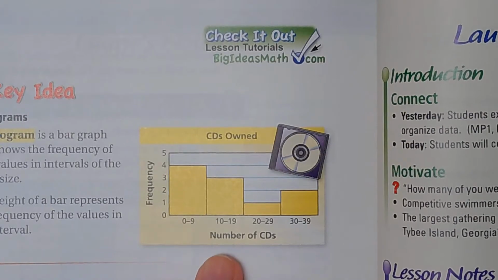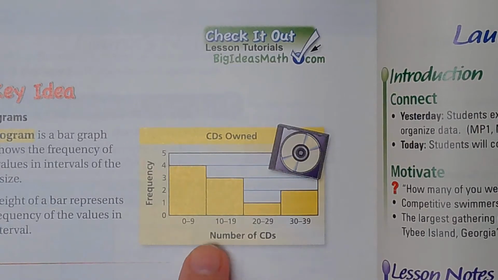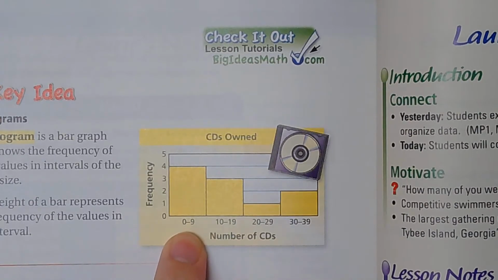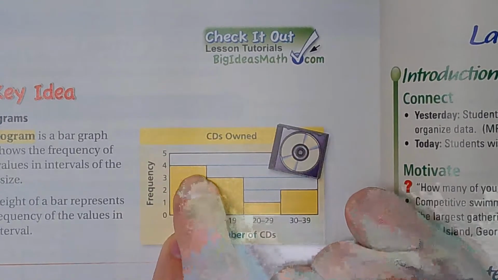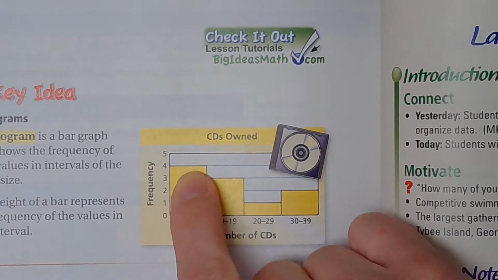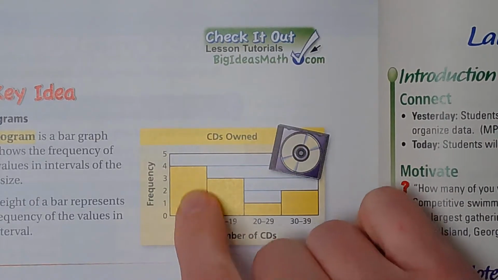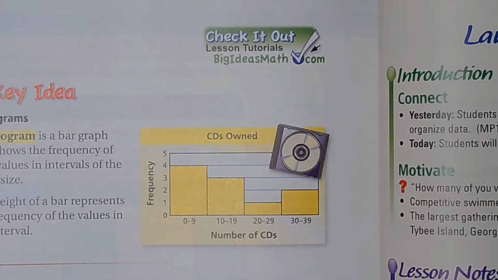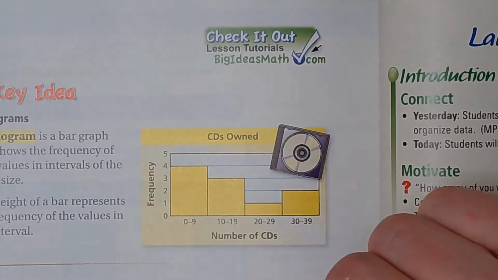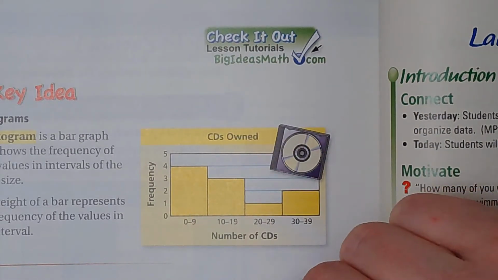These are CDs that are owned. So if you have 0 to 9 CDs, there's 4 people that have 0 to 9 CDs, okay? So it's not like all these people have 0 or all of these people have 2. We don't know. We just know that 4 people have anywhere from 0 to 9 CDs, okay?